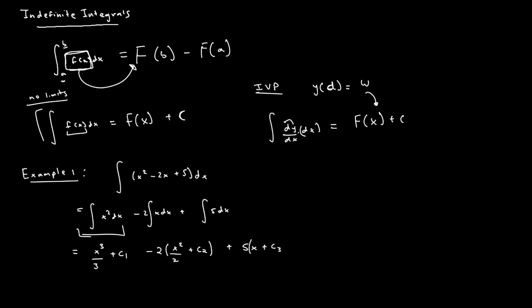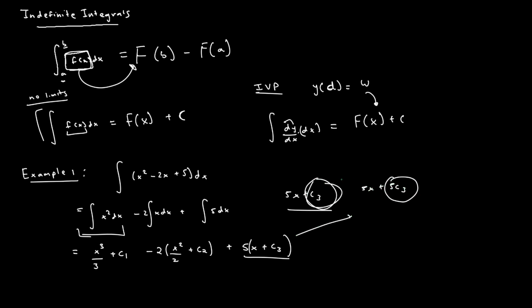Either way, it doesn't really matter if I had this constant inside of the parentheses or if I did something like 5x plus c3, because all this constant says is that it's a constant value, right? If I were to expand this, I would get 5x plus 5c3, and 5c3 and c3 are in my eyes the same thing.